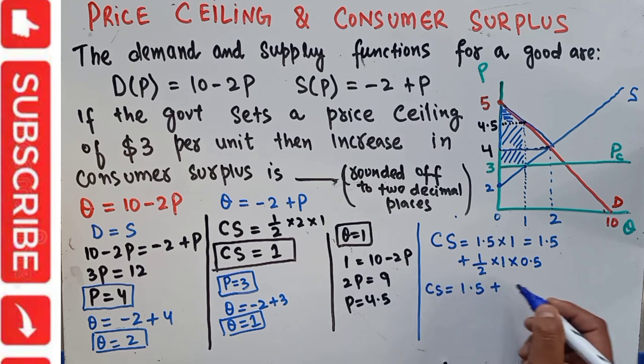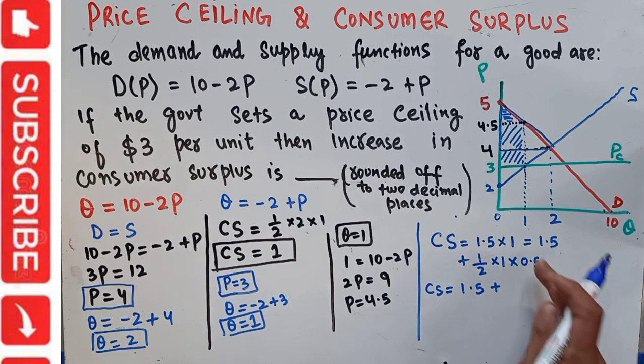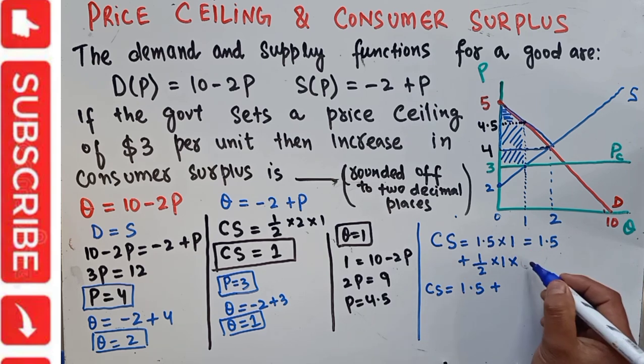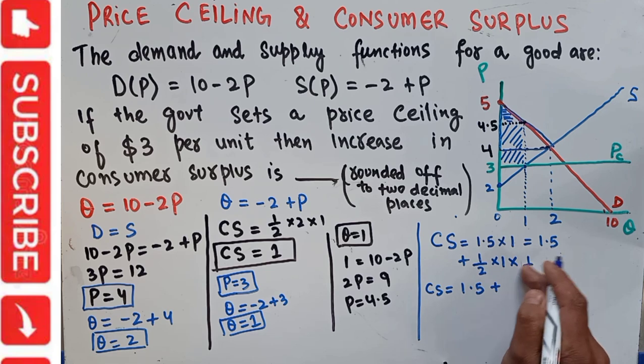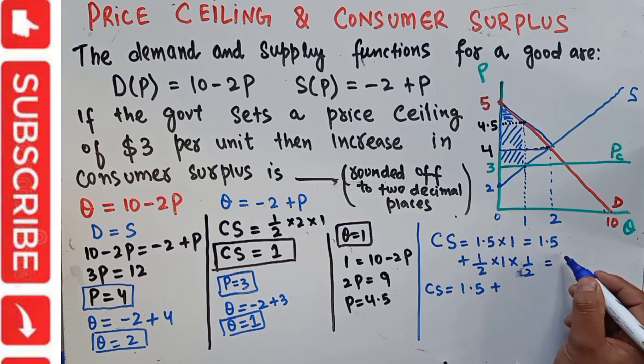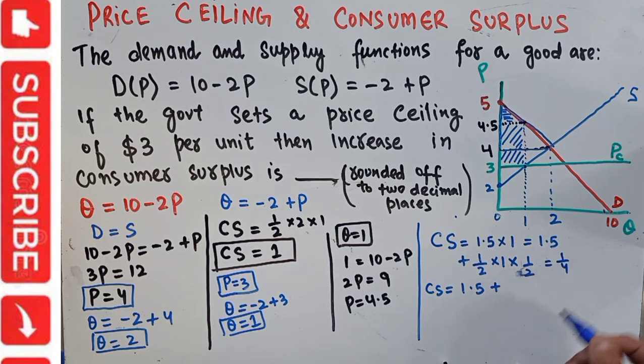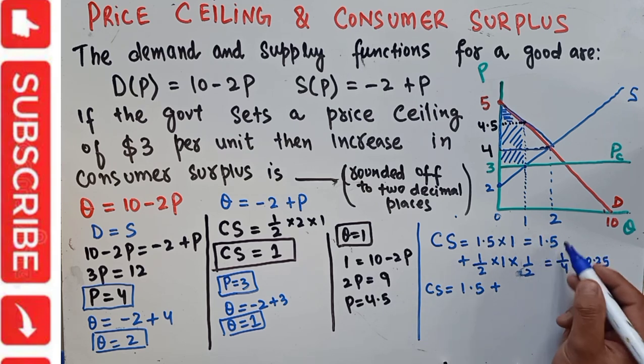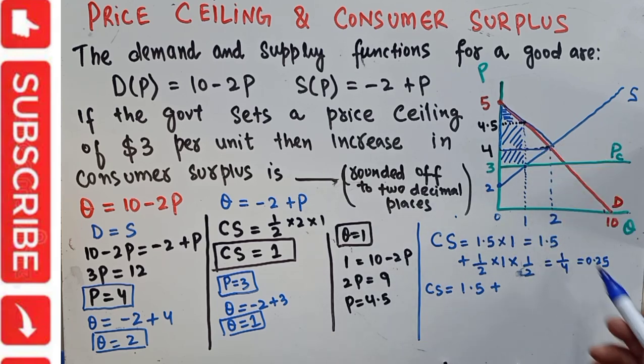So consumer surplus will be equal to 1.5 plus, in place of 0.5 I can also write 1 upon 2. So 1 upon 2 into 1 upon 2 is 1 upon 4 here. Okay, 1 upon 4, so it is 0.25. Consumer surplus is this one, the area of this very rectangle plus the area of the right angle triangle.